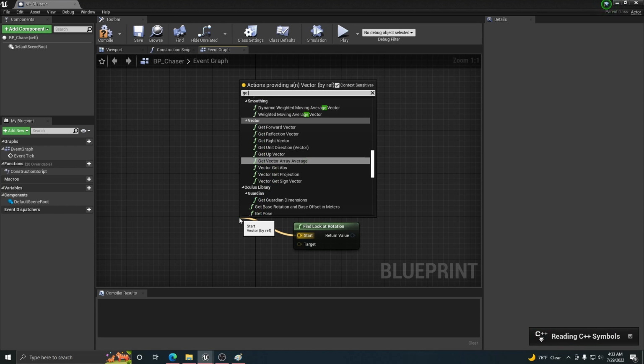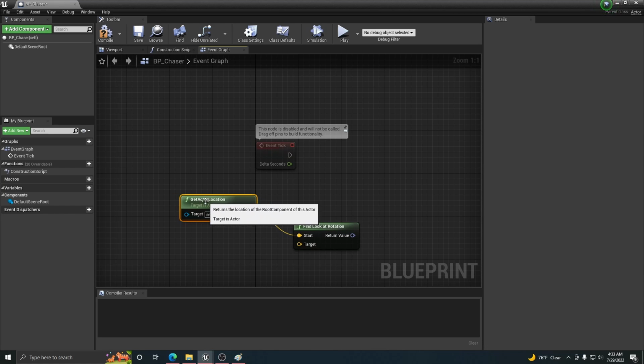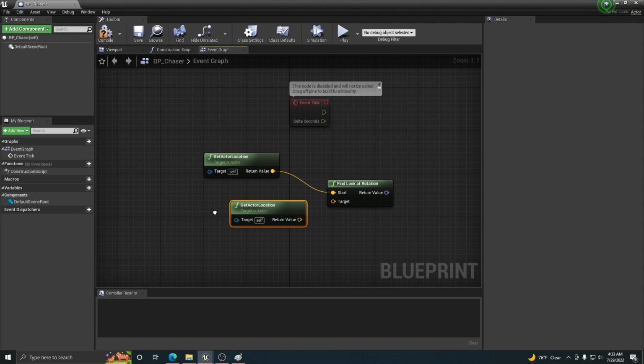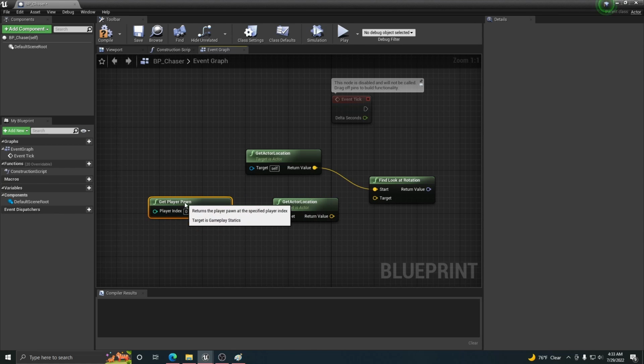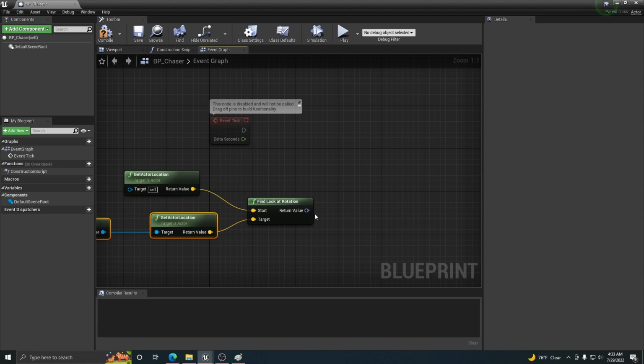So get actor, and by actor I mean the chaser. You need the chaser's location, and then you need the player's location. So get player pawn, get actor location. See, this one says target is self, which is the chaser, and the new one is the player pawn.